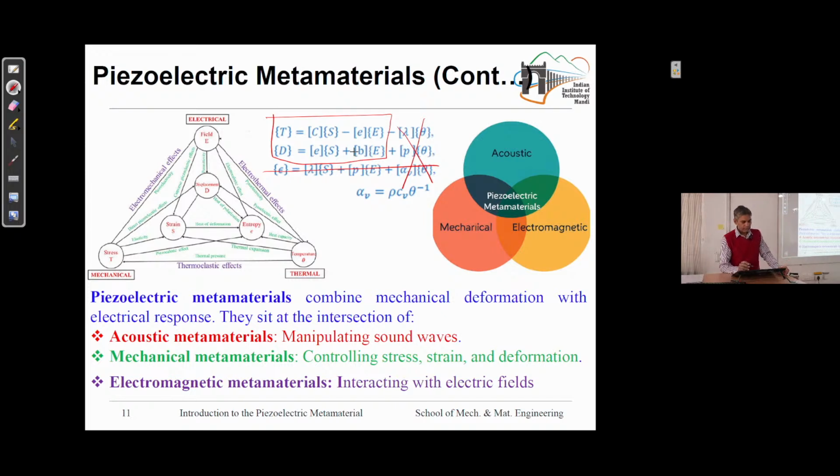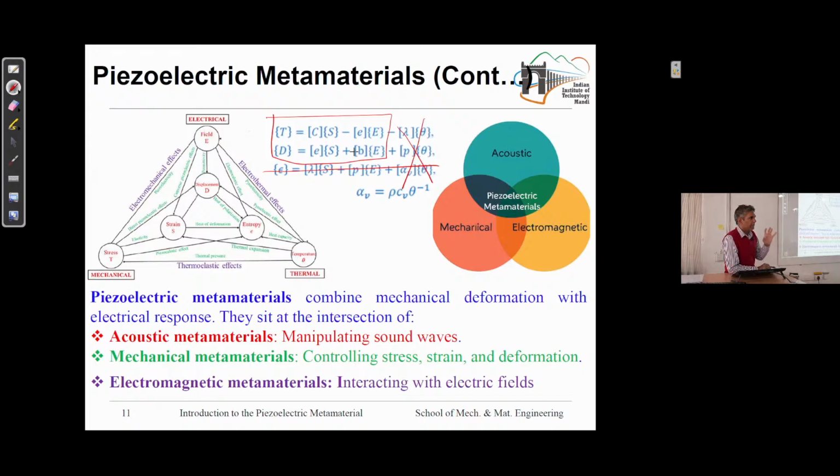Now, interestingly, the piezoelectric material comes under three domains. Like you have seen, we have electromagnetic and mechanical, acoustic and thermal, right? Of course, there are many more.